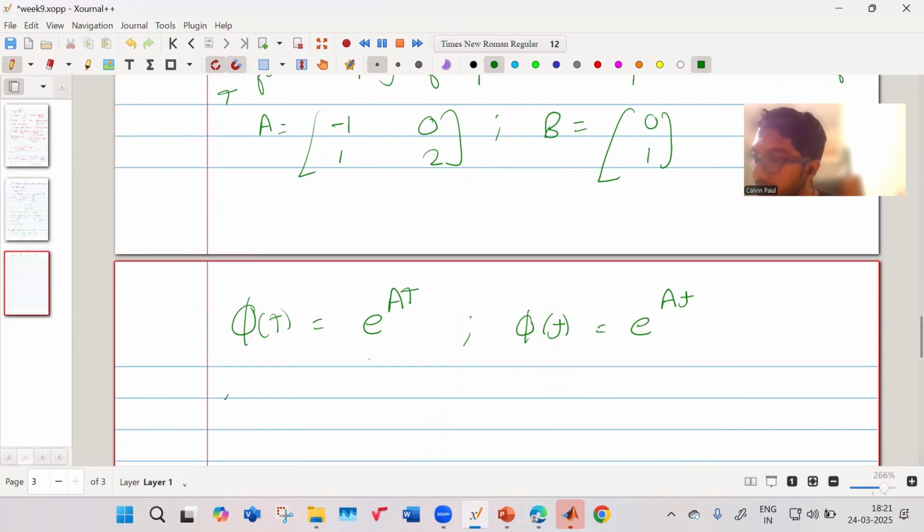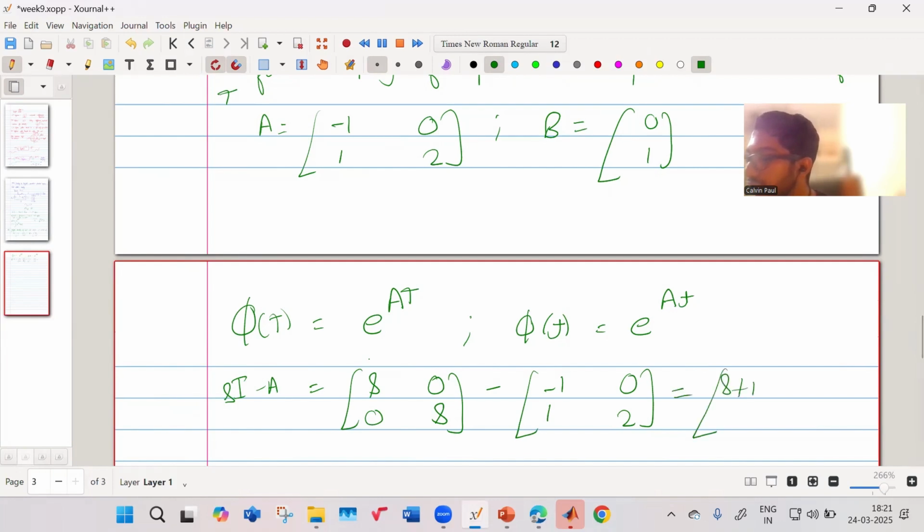First we find sI minus A, that is [s, 0; 0, s] minus [-1, 0; 1, 2], which comes out to be [s+1, 0; -1, s-2].